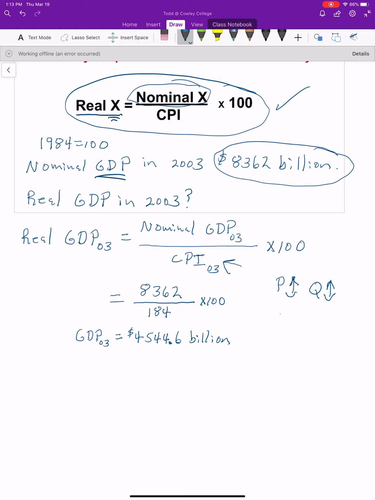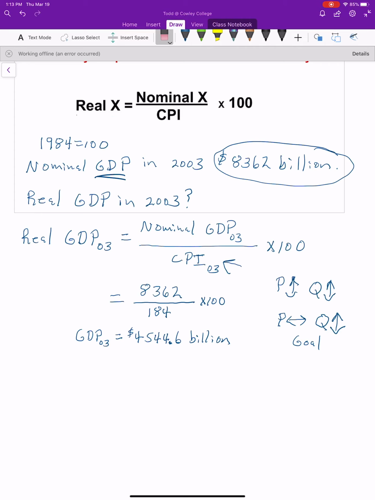So what we wanted to do is have prices being held constant where we're only measuring changes in quantities, right? That was the goal of doing all of this. Okay, I want you to go back and look at this very generic equation that we have up here at the top. And I want to concentrate just on this part right here.